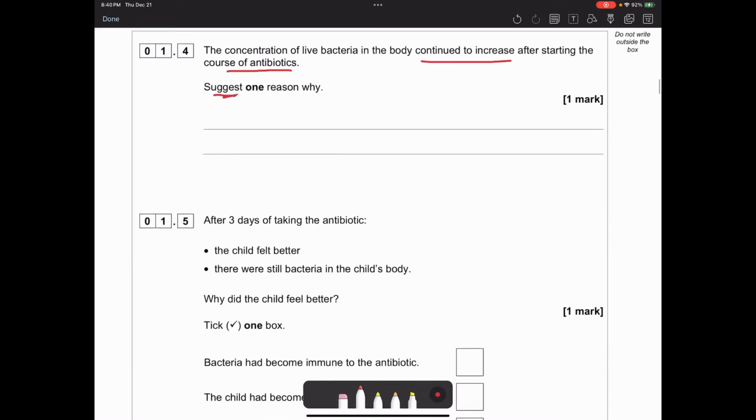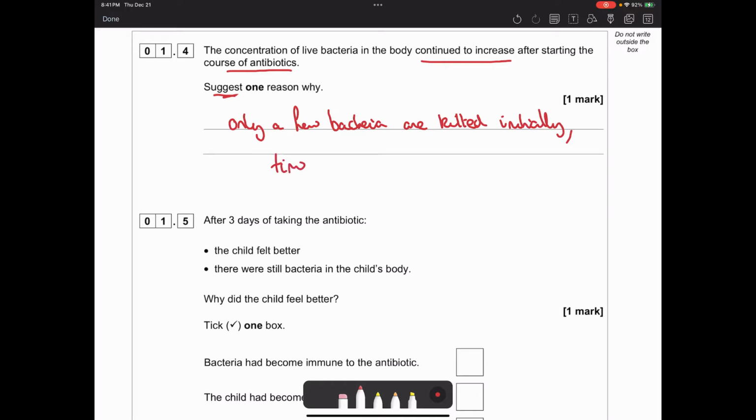Well, you just got to put a logical or simple reason that is somewhat relevant. What is actually happening to the bacteria? Maybe at the very beginning, only a few bacteria are killed initially, so therefore it's not causing the number to go down.